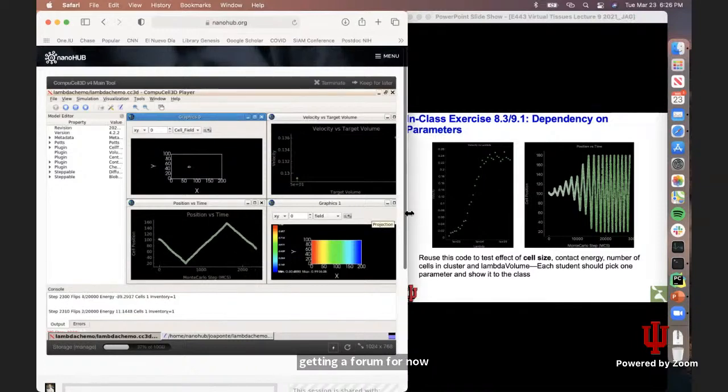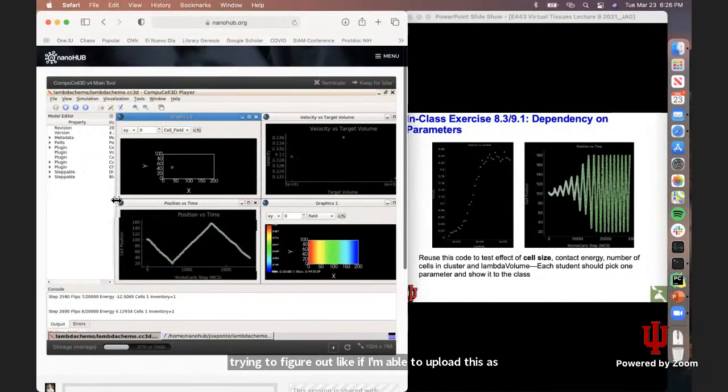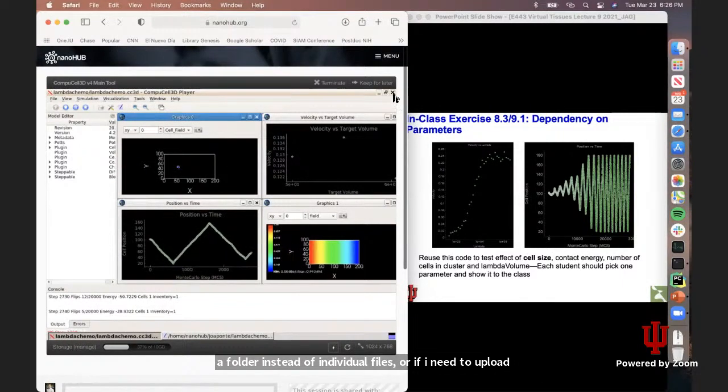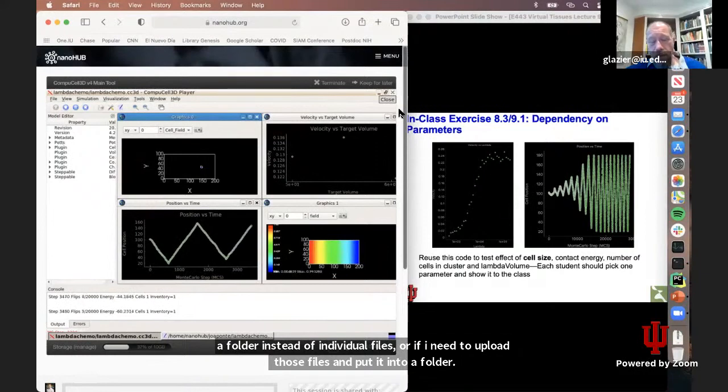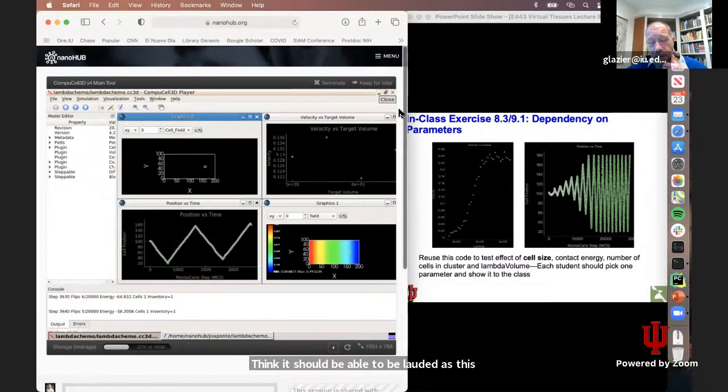I'm just trying to figure out if I'm able to upload this as a folder instead of individual files, or if I need to upload it as files and put it into a folder. I think it should be able to be loaded as a zip and then use Twedit to unzip it.